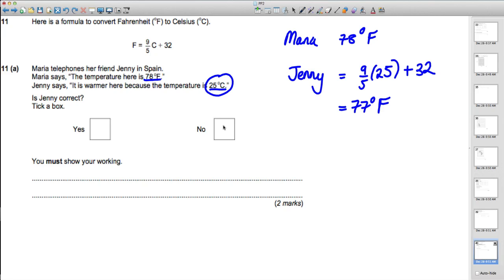Is Jenny correct? Well, no, Jenny's not correct. It is colder by 1 degree Fahrenheit, because Maria's temperature is 78 and Jenny's temperature is 77. Jenny is not correct at saying it's warmer here. Okay, and we're done in that regard.